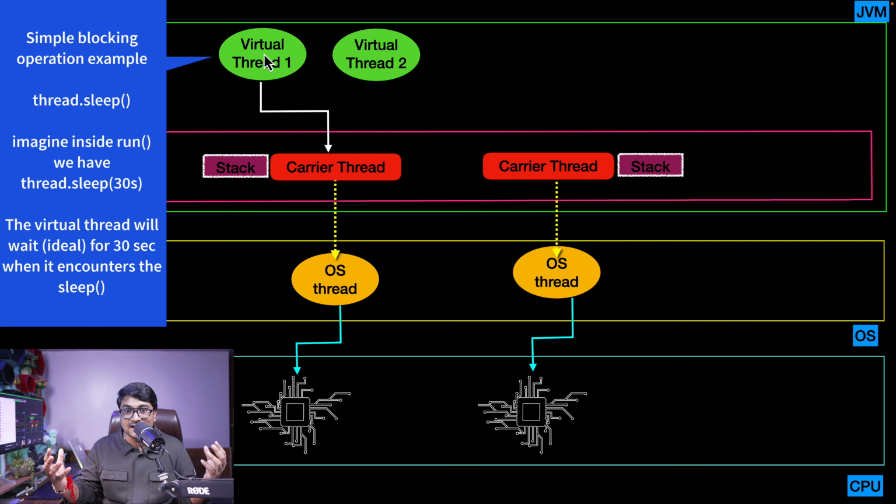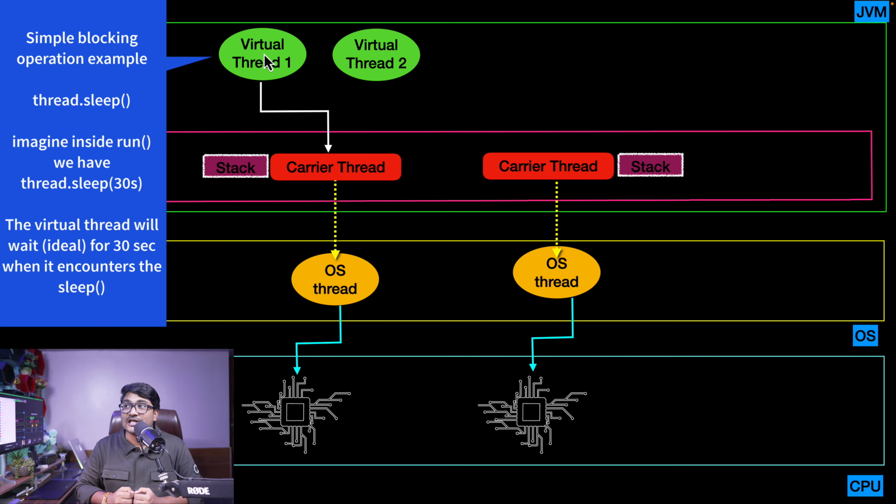Imagine it is calling a third party API, like any microservices, or it is making any REST call, or any database call, which is blocking in nature. Because as I said, whenever you make a call to any third-party API or any database, that's basically a blocking operation.